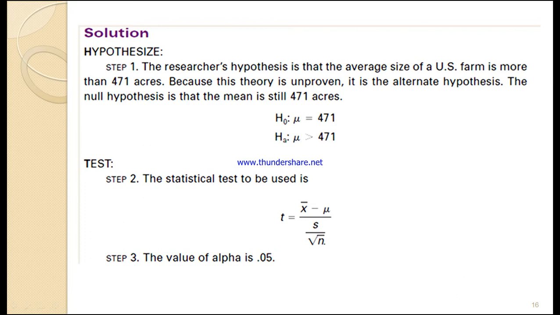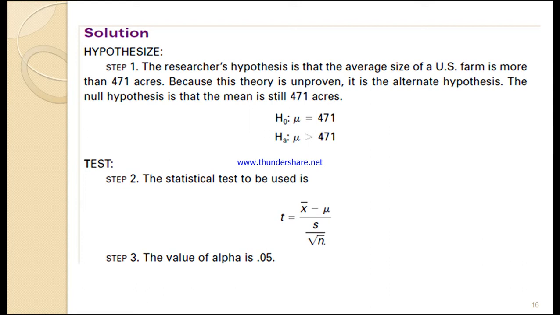So let's begin with the first step. Step number 1 is establishing hypothesis, i.e. null and alternative hypothesis. The researcher's hypothesis is that the average size of USA farm is more than 471. Because this theory is unproven, it is the alternative hypothesis.